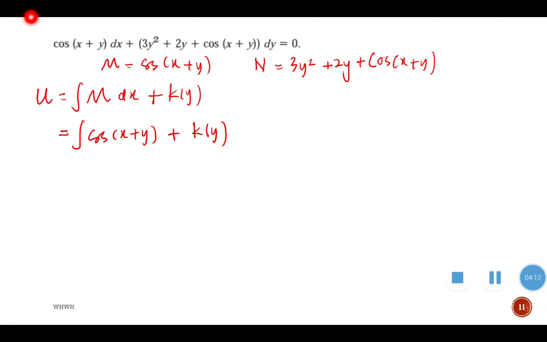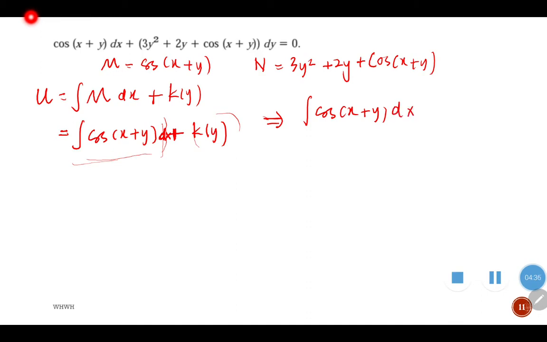Take note, you just need to integrate cos(x + y). K(y) ni kita tak payah integrate because integration only covers cos(x + y) dx. Saya tinggal dx tadi, so maknanya saya tak asingkan k(y) kat sini.